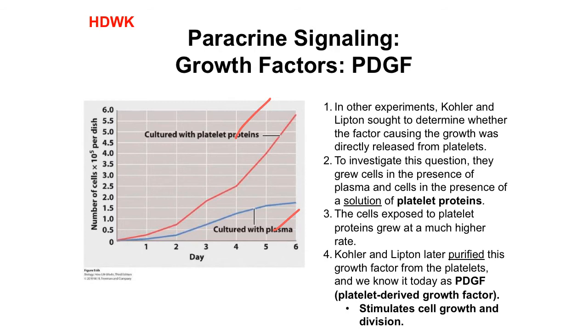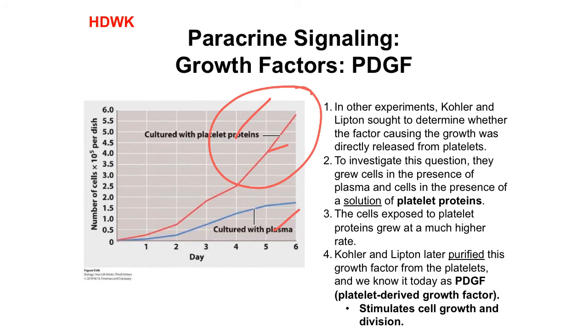Now, the cells exposed to platelet proteins, as you see in this figure, grew at a much higher rate. So they then concluded that the platelet actually secretes a substance that is now suspended in solution, which then stimulated the cells to grow.